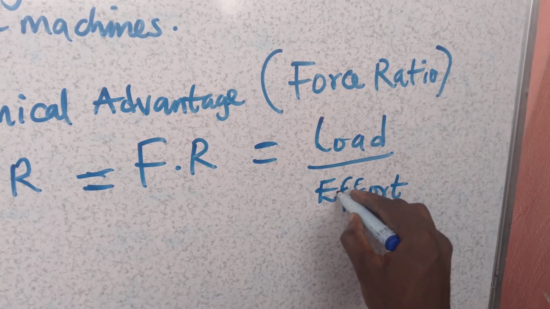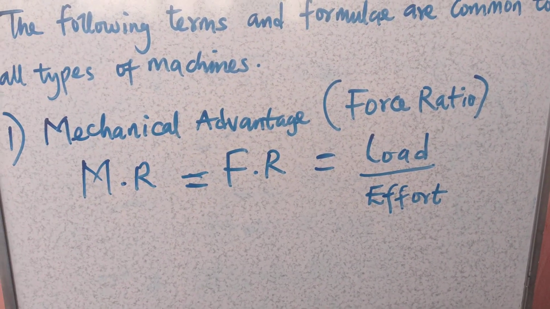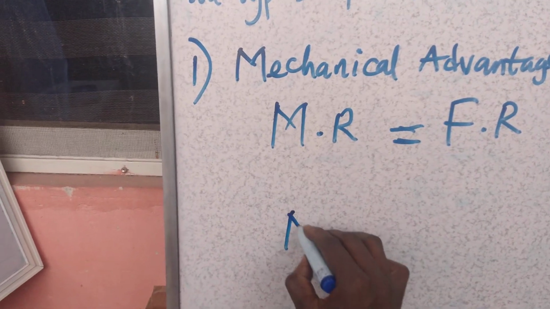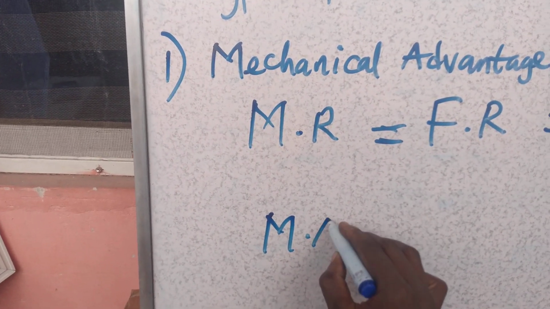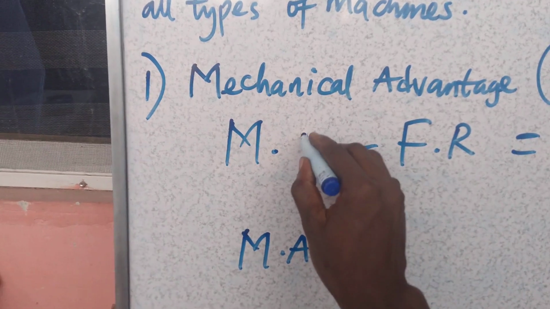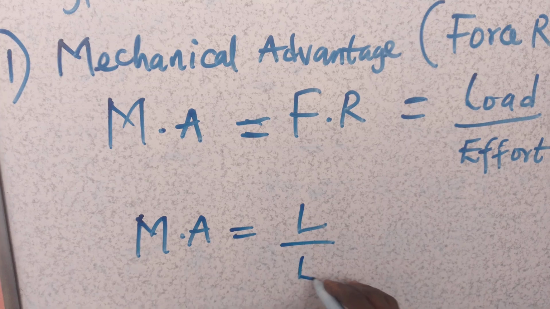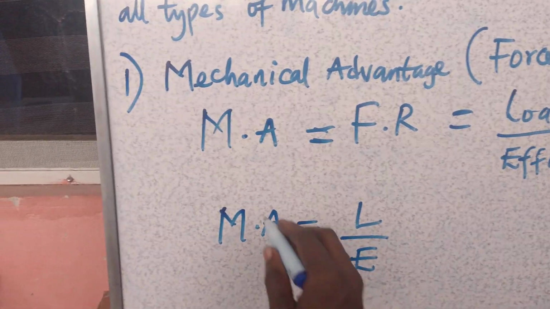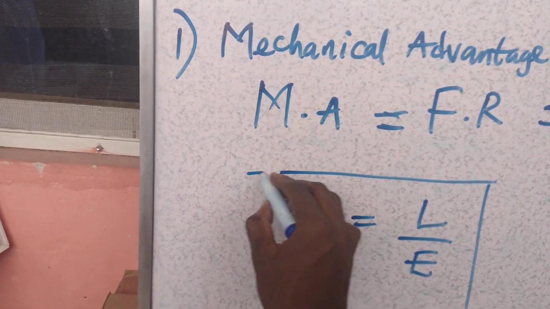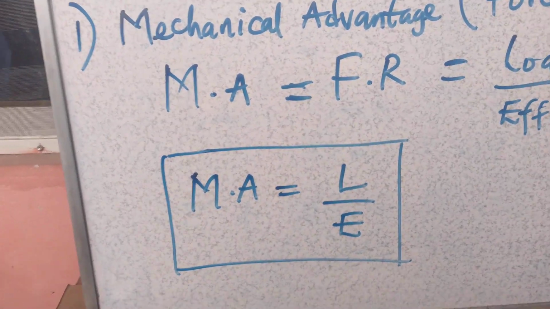So that's the formula for mechanical advantage: MA equals load over effort. We'll be making use of this formula in solving the mechanical advantage of a machine.